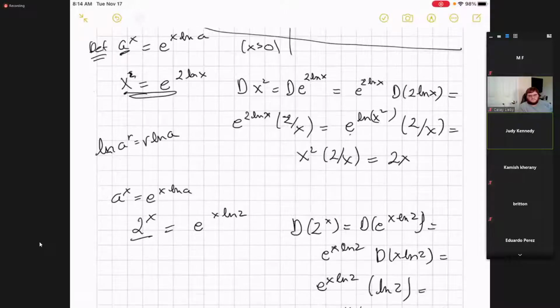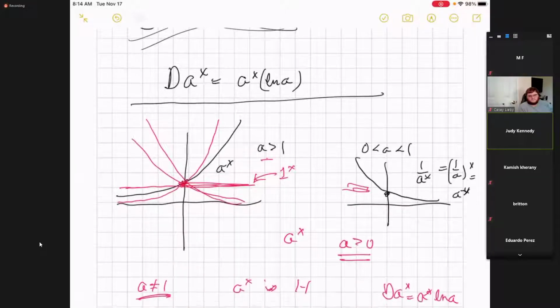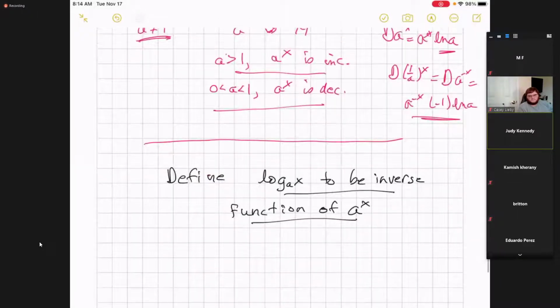Let's go on with our definition of the log then. Let me look at my notes here and make sure I'm not forgetting to say something. No, that's about it.